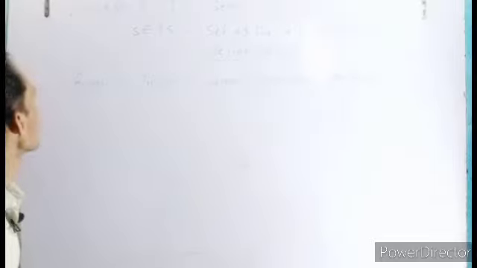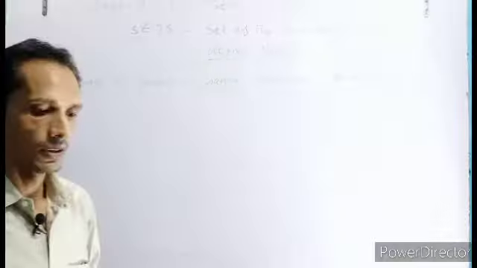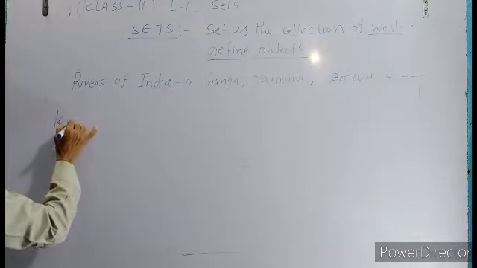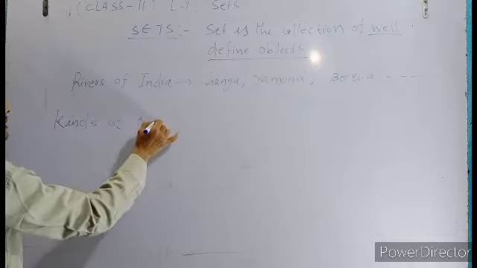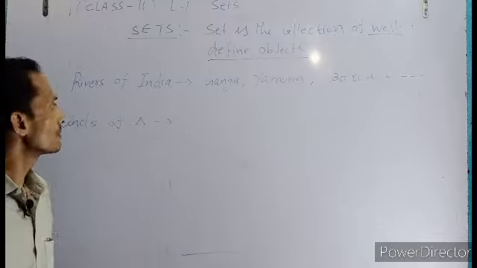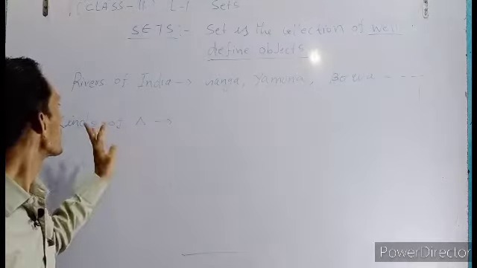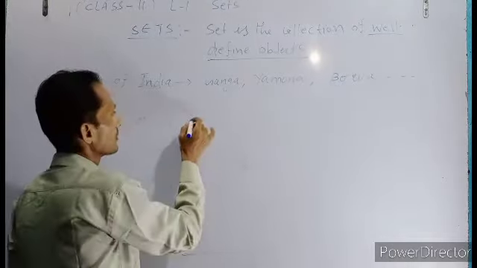Another example we can take is the kinds of triangle. If we ask anyone who knows the right answer, they always give the right answer. How many types of triangles are there?